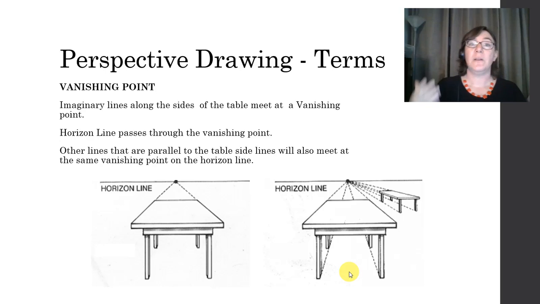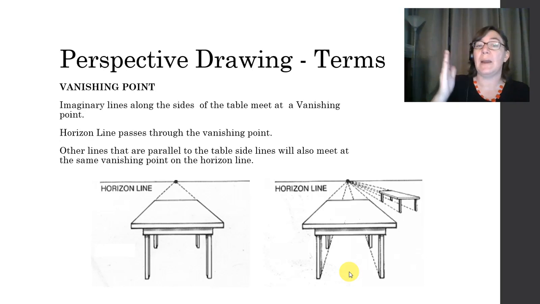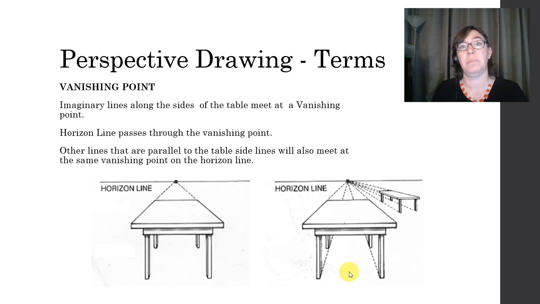Imaginary lines along the side of your object, for example, this is a table, will meet at a vanishing point. The horizon line will always pass through the vanishing point. They go together. Any other lines that are parallel to these, for example, table side lines, will also meet at the same vanishing point on the horizon line. For example, on the right-hand side, this other table.